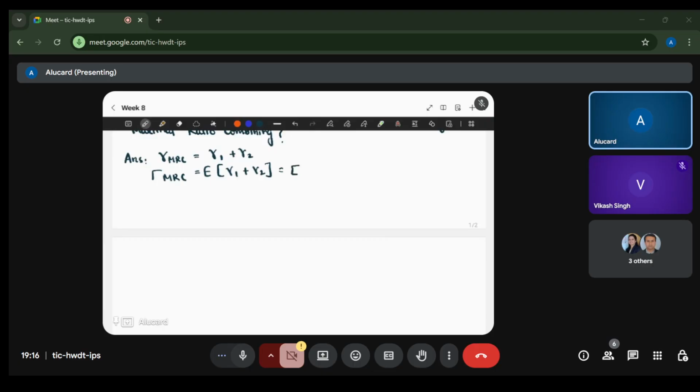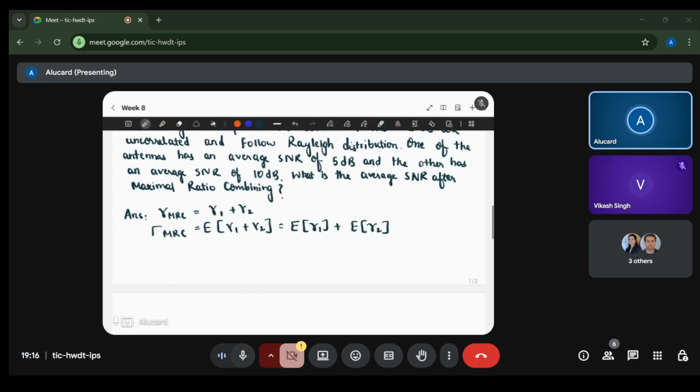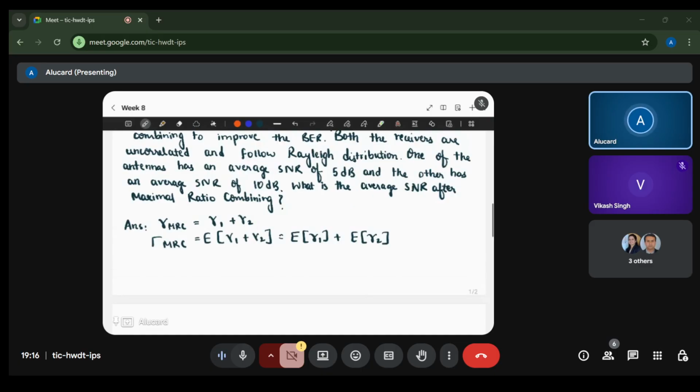So it's the expected value of gamma 1 plus expected value of gamma 2. Oh, that is what they have given. Expected value of gamma 1 is the average SNR. Here gamma 1, gamma 2 are the SNRs. So the average SNRs are 5 and 10.